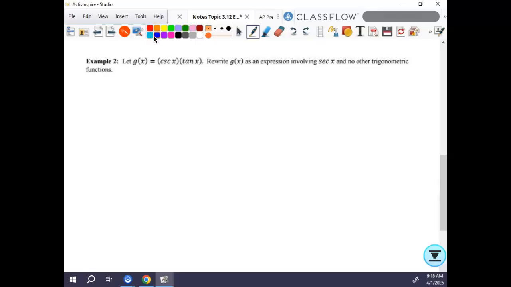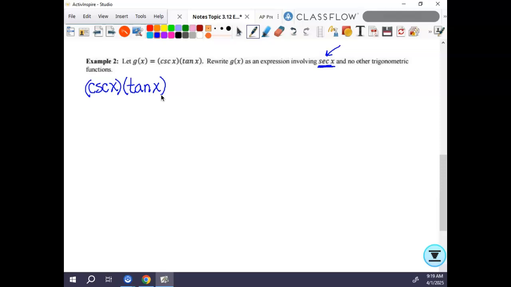Okay, so now I have cosecant x times tangent x, and I want to rewrite it as an expression involving secant x only, no other trigonometric functions. So let's just start by rewriting this. Cosecant of x times tangent of x. Okay.